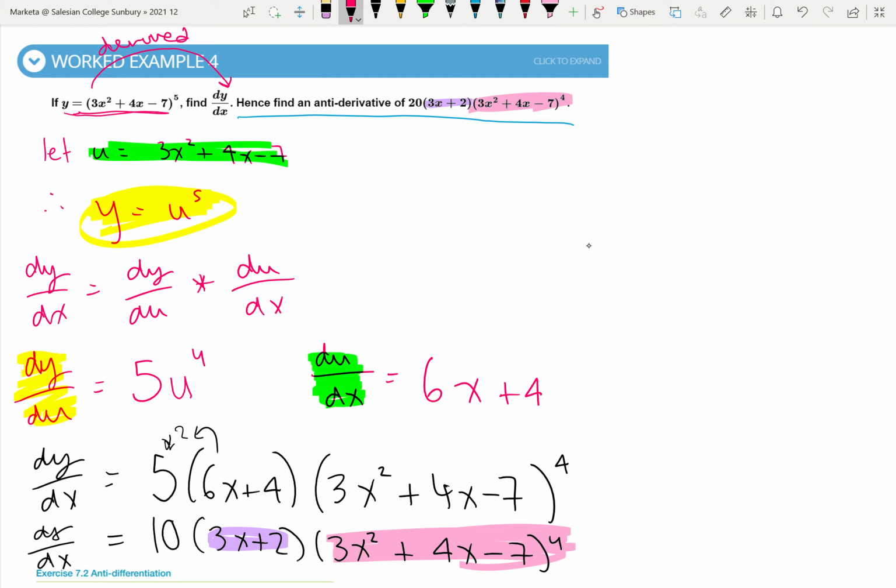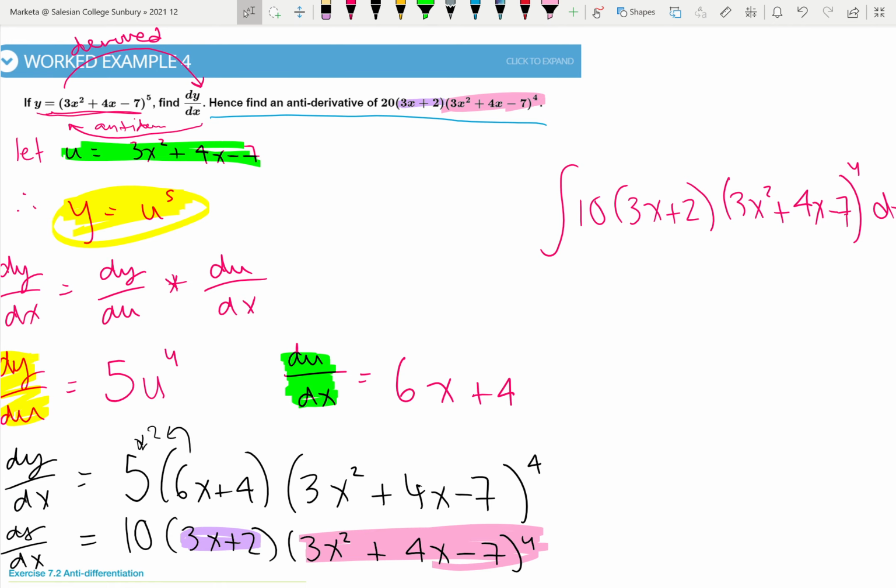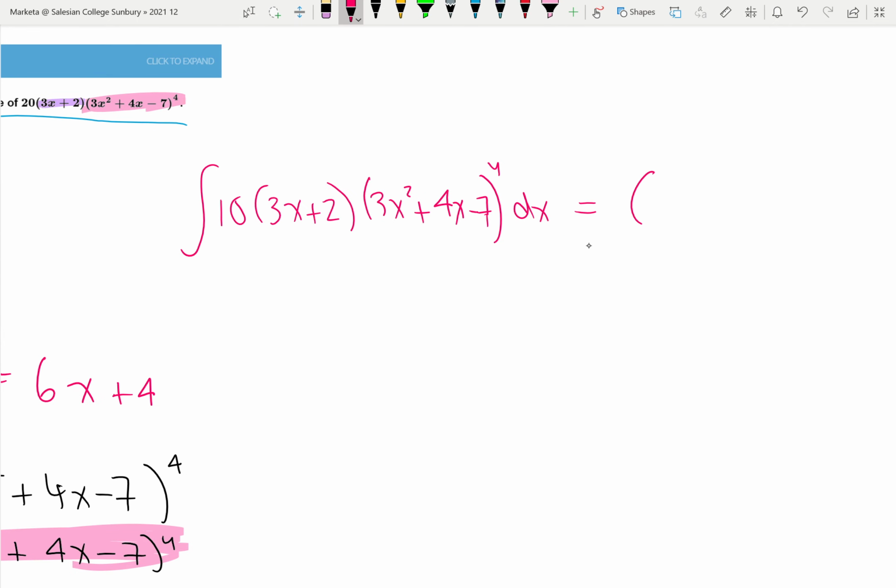If we derived y to get dy/dx, it means that to go backwards, we would antiderive dy/dx. I'm just going to write that. If I antiderive the dy/dx, I get back to (3x squared plus 4x minus 7) to the 5.